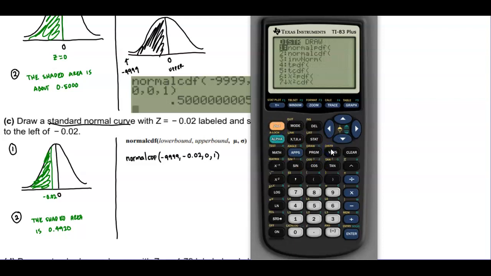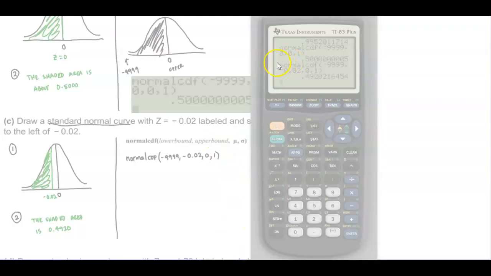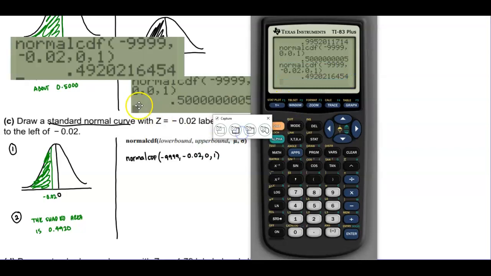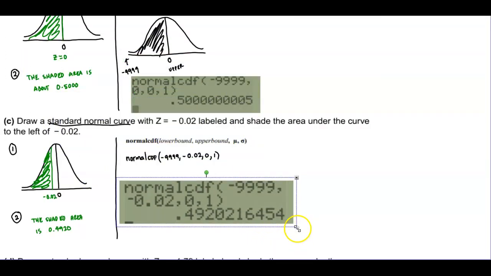Second distribution, go down to normal CDF, negative 9999, comma, negative 0.02, the mean of 0, standard deviation of 1. And so we get the area of 0.4920, rounded to 4 decimal places.